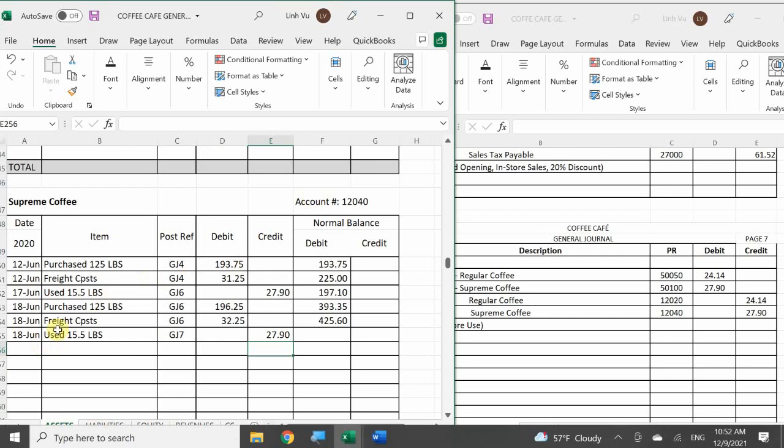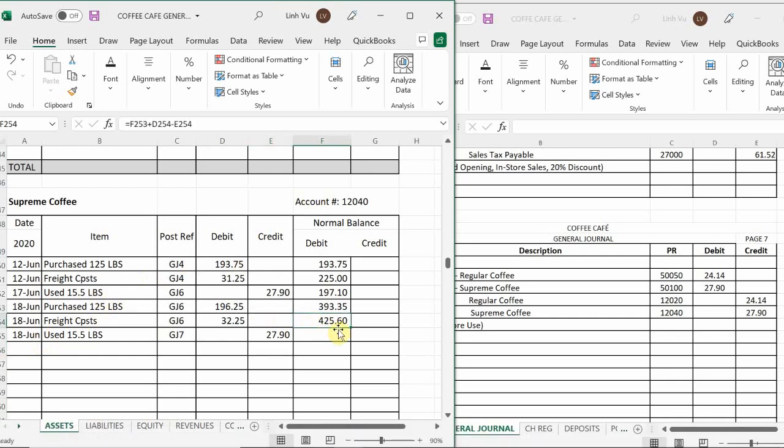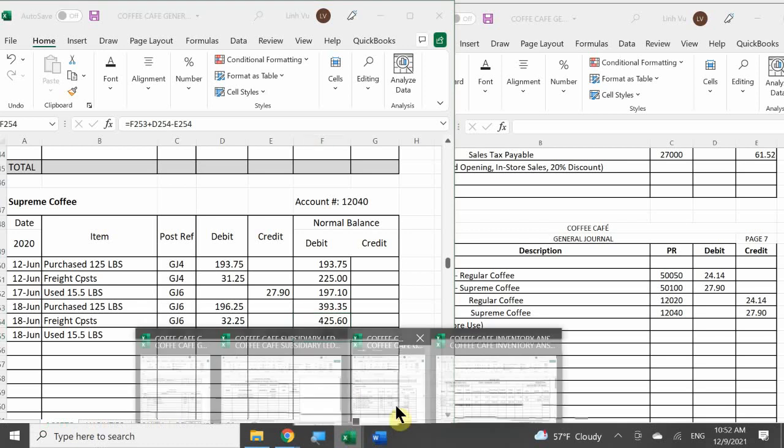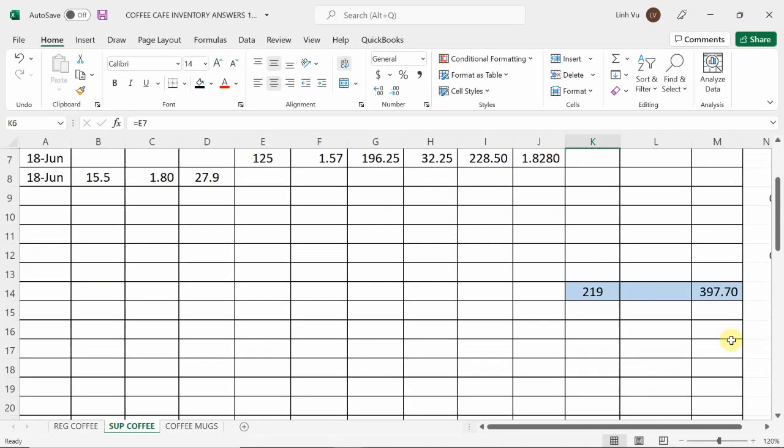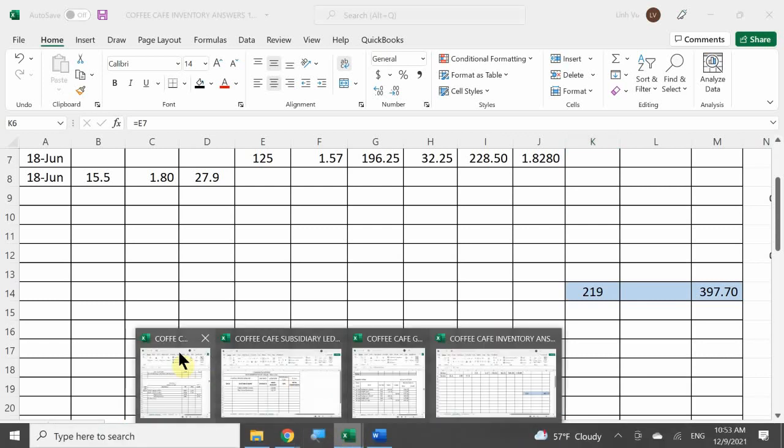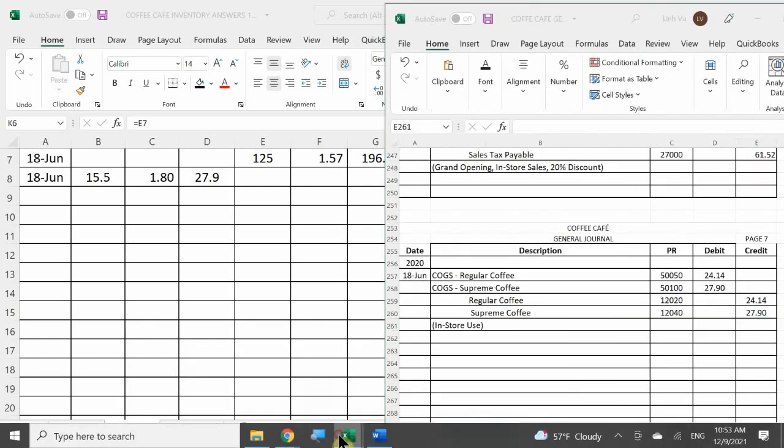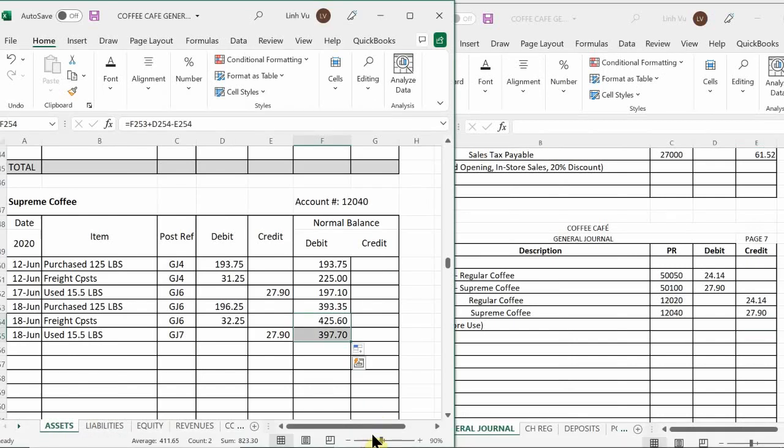So what is my account balance now in my Supreme coffee? $397.70. And does that match my inventory worksheet? Let's see. Yes, it does. So again, use those as reference points to make sure that you did your accounting accurately.